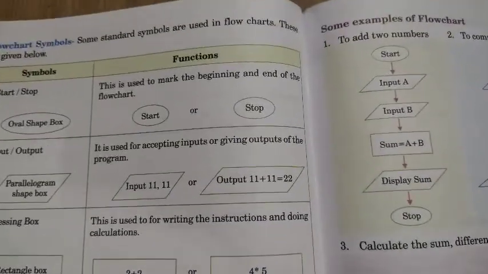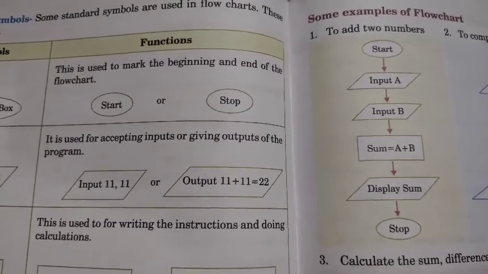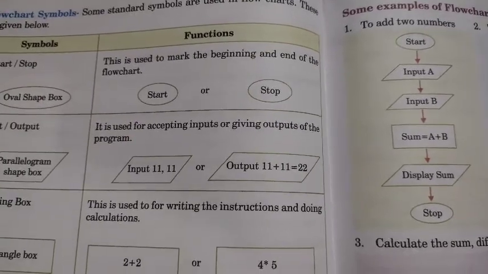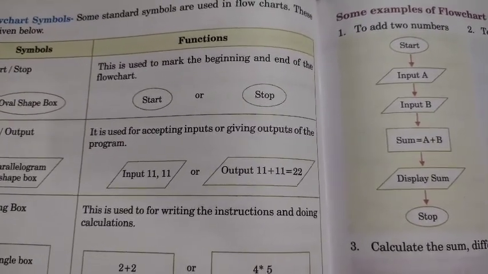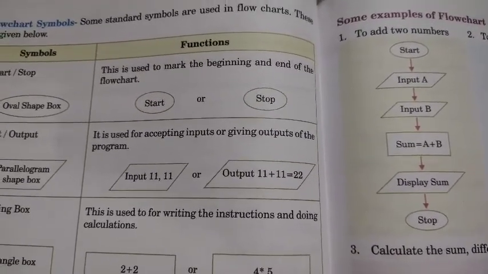Let's see from the very beginning. The oval shape is used to mark the beginning and the end of the flowchart. Number two is the parallelogram shape box. It is used for accepting input or giving output of the program.